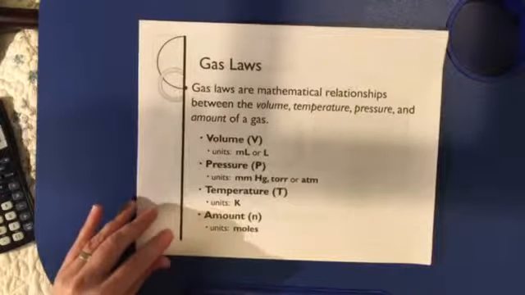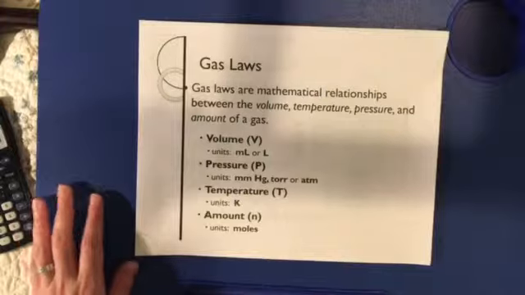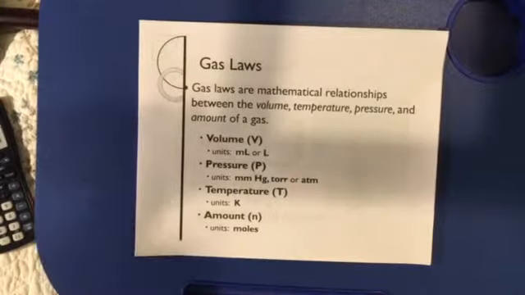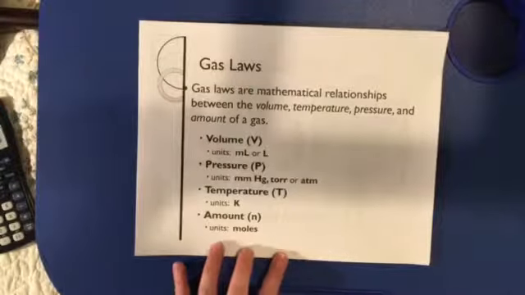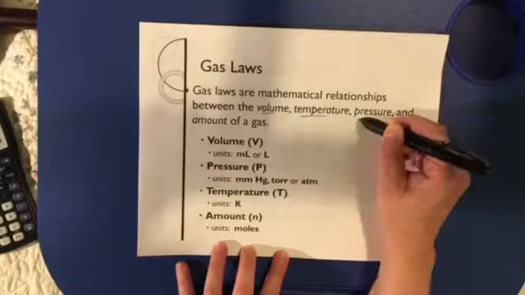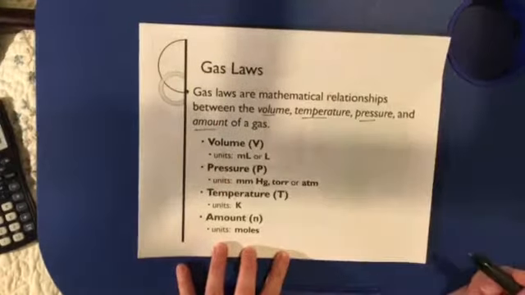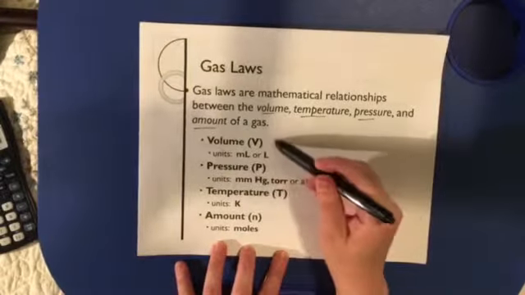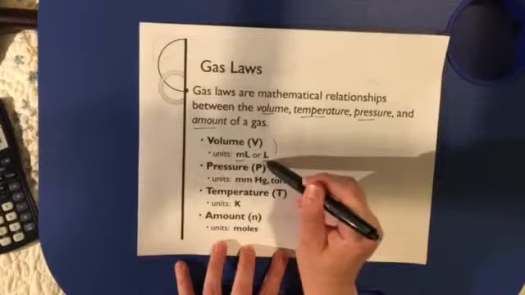So in this chapter we're discussing the relationship between different properties of gases. Gas laws are mathematical relationships between the volume, temperature, pressure, and amount of a gas. So volume is measured in milliliters or liters.